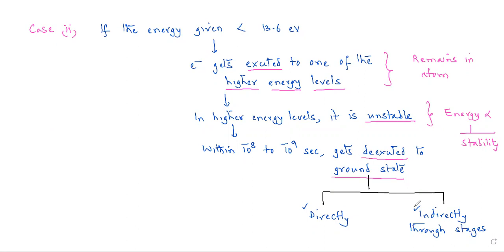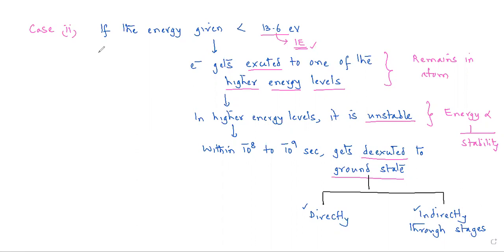See, if the energy given is greater than or equal to 13.6, the electron will no longer remain in the atom. It just goes out of the atom, giving you H plus. But if the energy supplied is less than 13.6, I mean less than the ionization energy of electron in hydrogen atom, no doubt it cannot go out because the energy supplied is less than what is required.